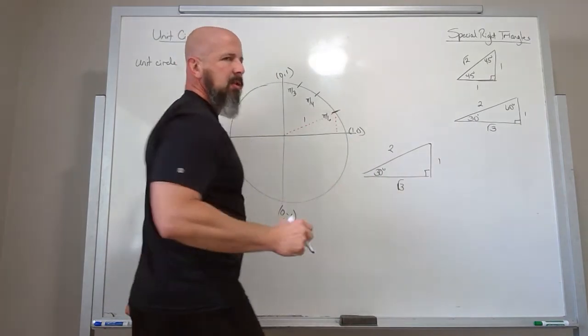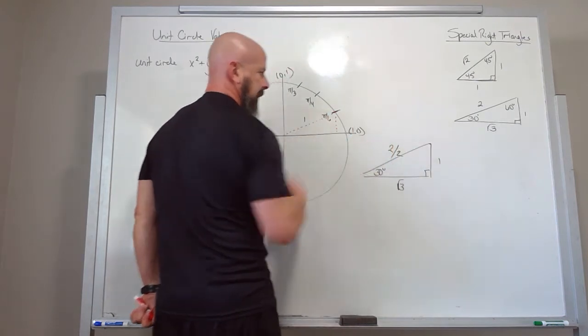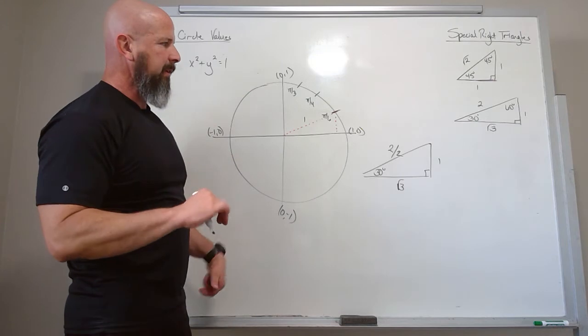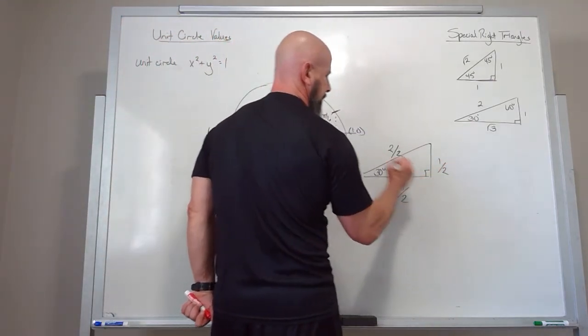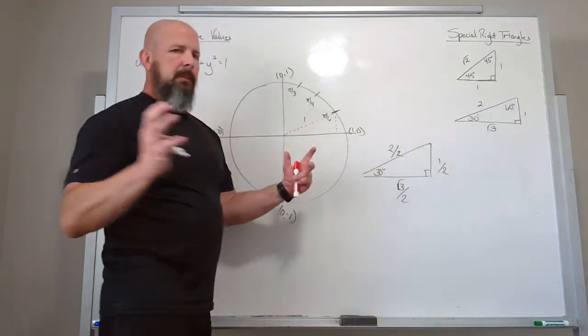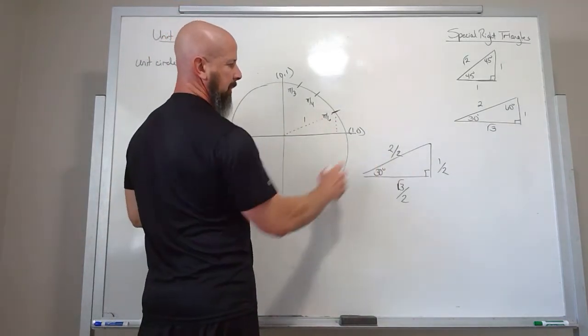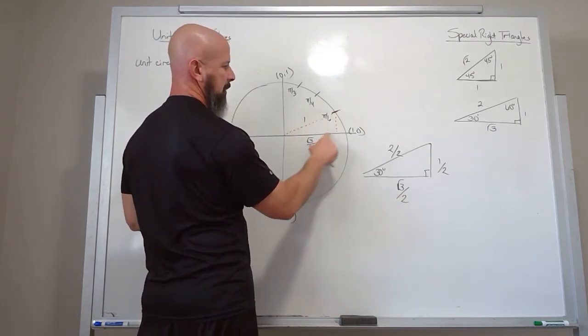So I want to scale this guy down. And for me to scale a triangle down, if I would like this to be 1, I can divide it by 2. And it will maintain the proportionality of the angles if I divide each side by 2. So I've scaled down that triangle so that it will fit in here now. So this becomes 1. This would become root 3 over 2.